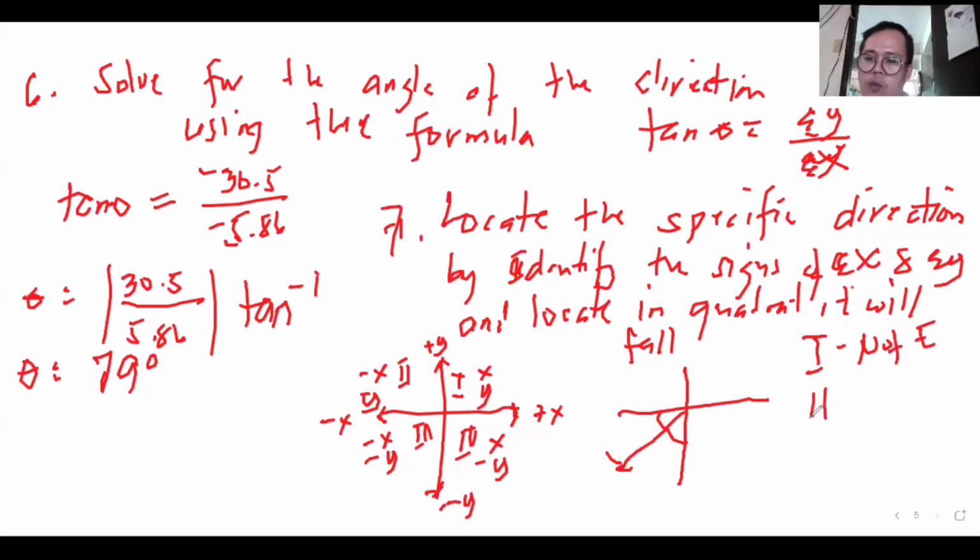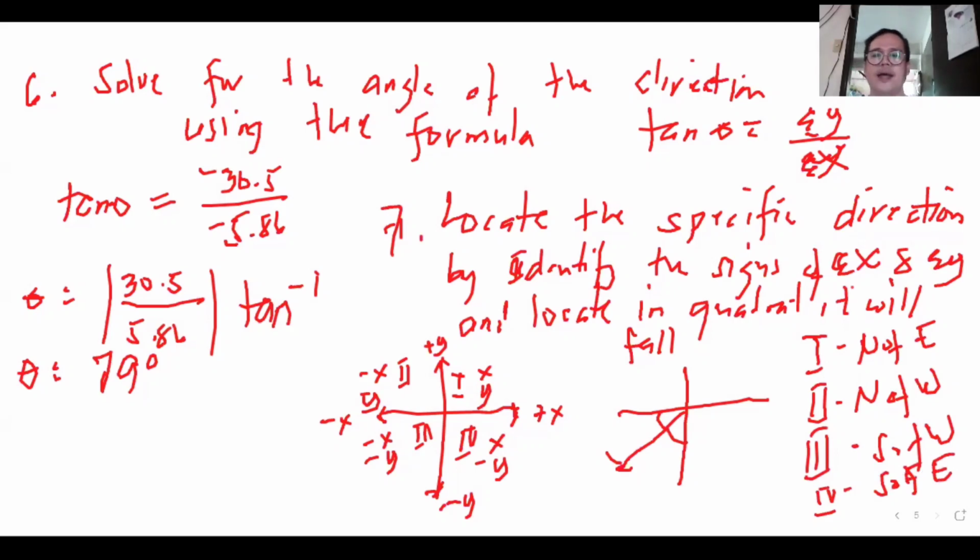If quadrant 2, north of west. If quadrant 3, south of west. If quadrant 4, south of east. So since it is quadrant 3, this is south of west.